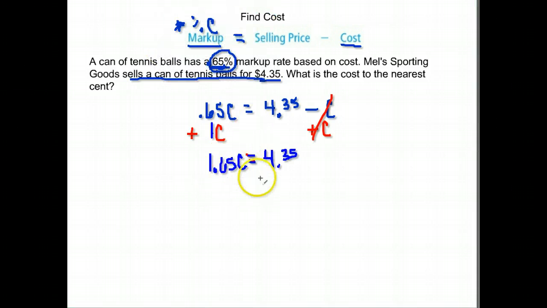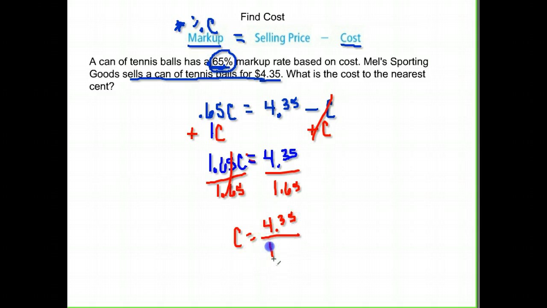Now we have 1.65 times C. To get rid of that 1.65, we do the opposite of multiplying by 1.65, and we divide. So we get the cost is 4.35 divided by 1.65.